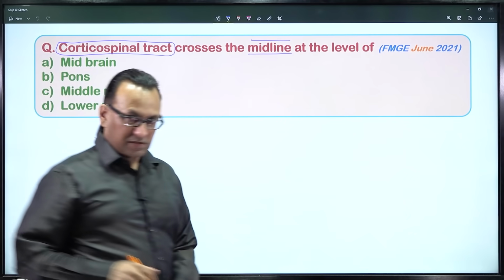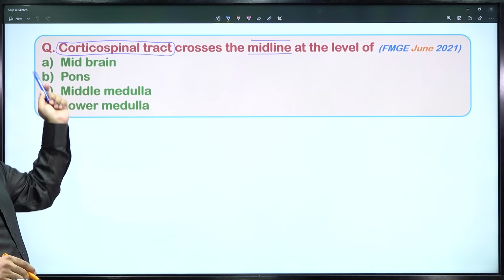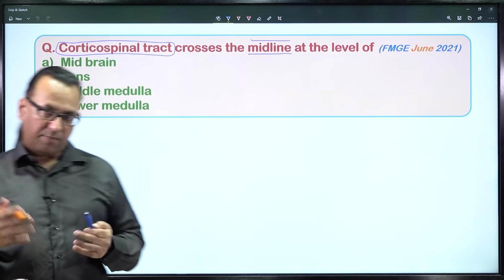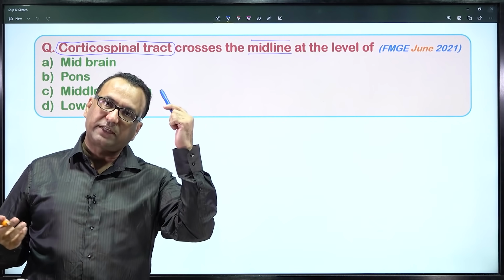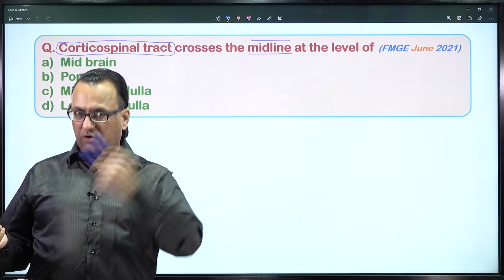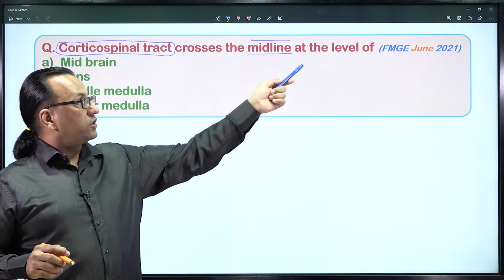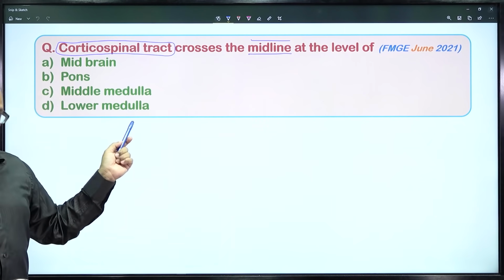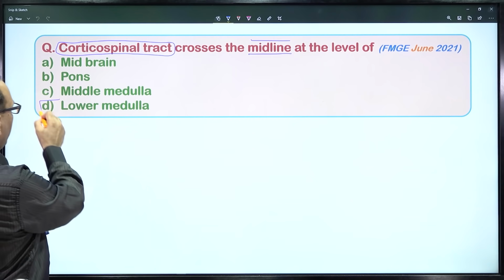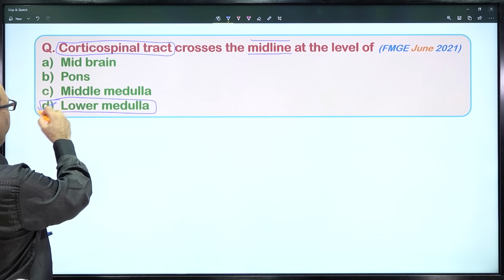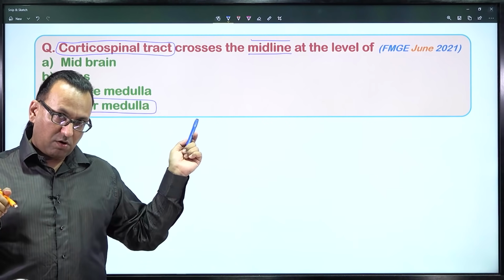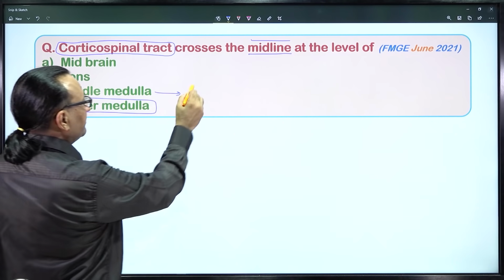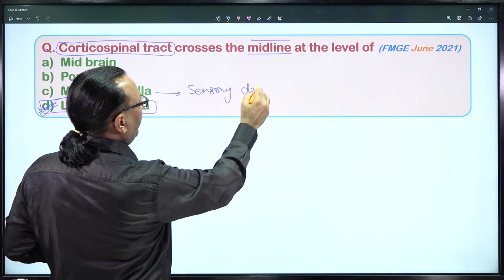And then you can understand if the question is asking us about the corticospinal tract, the pyramidal tract coming from the cortex towards the spinal cord. Where was the crossing? That is the question. Crossing the midline at the level of medulla. But which medulla? It was the lower medulla. And what was happening in the middle medulla? It was sensory decussation. Which tract was that?